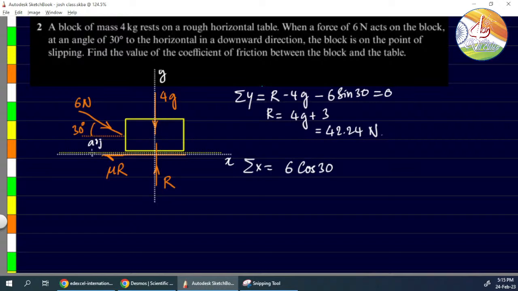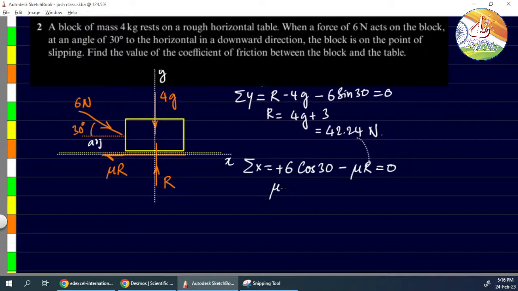Adjacent means we will get cos. So 6 cos 30, and it is acting in forward direction, so this is to be positive. Correct? And this is acting left side, so minus mu r. These are the only two horizontal components. Total should be 0. Now here r value we know, so substitute.